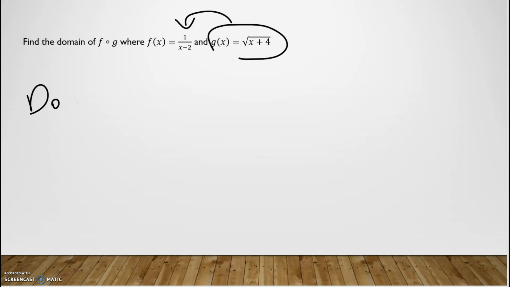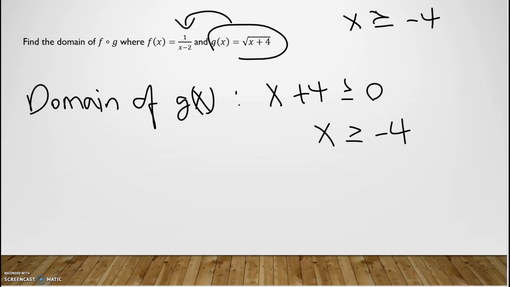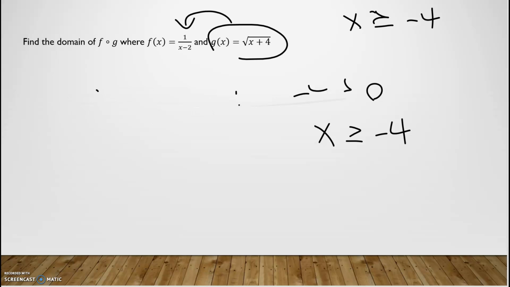Now we have a radical, so that means I need to set what's inside to be greater than or equal to 0 and solve. So x can be greater than or equal to -4, and I will put that up here for now. I'll bring that back later. Then we're going to find the composition of the function.